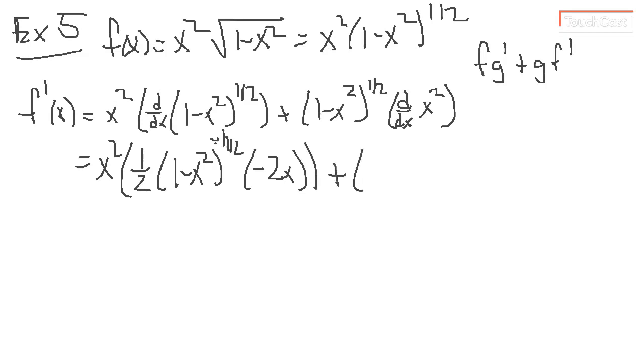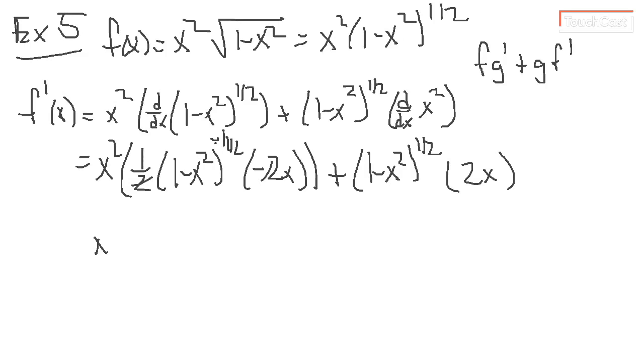Plus, okay, I'm going to rewrite 1 minus x squared to the 1/2. The derivative of what I have in the parentheses there is going to be 2x. Now, I'm going to look at the two terms. In fact, before I continue, I'm going to clean up what's in this first grouping of parentheses. I do know that this 2 and this 2 cancel each other out, so we're going to have an x.